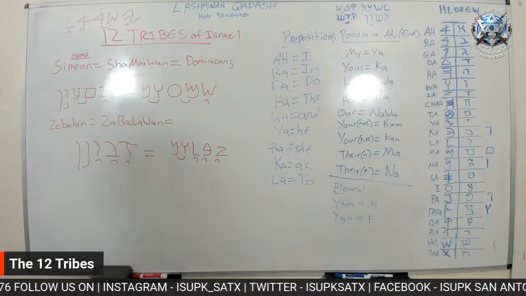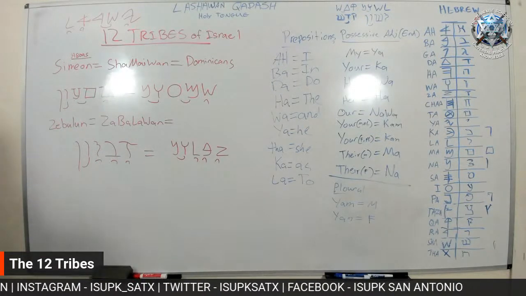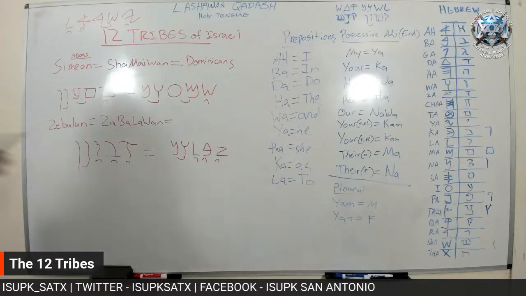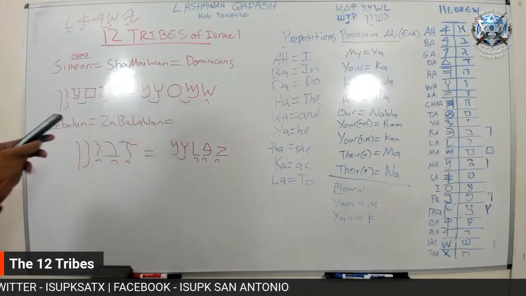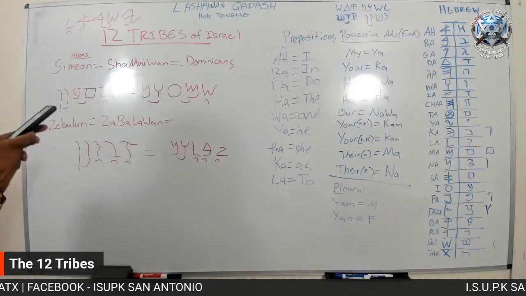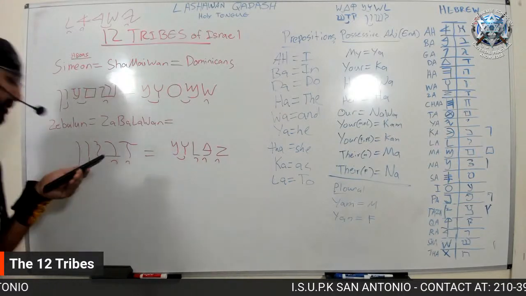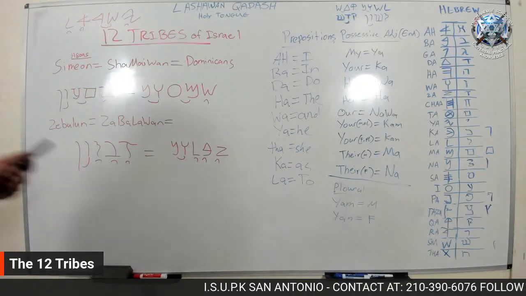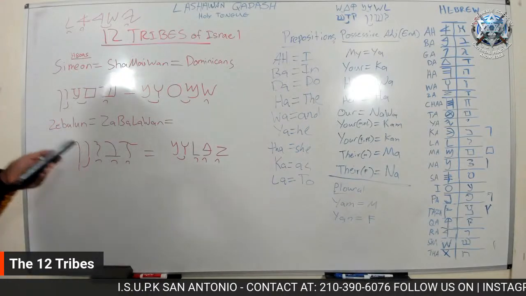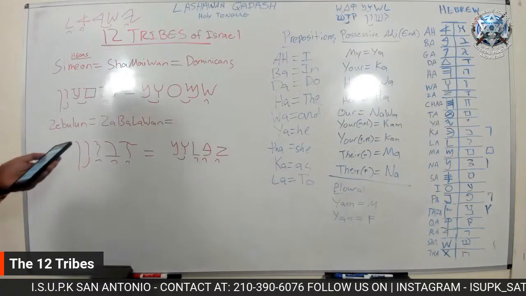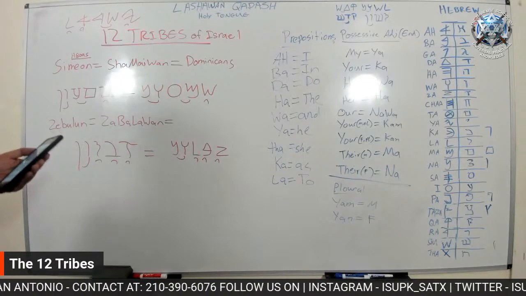Now let's find out what Zabalawan actually means. So we're going to go to, it should be in the same one, Genesis chapter 30, verse 20.